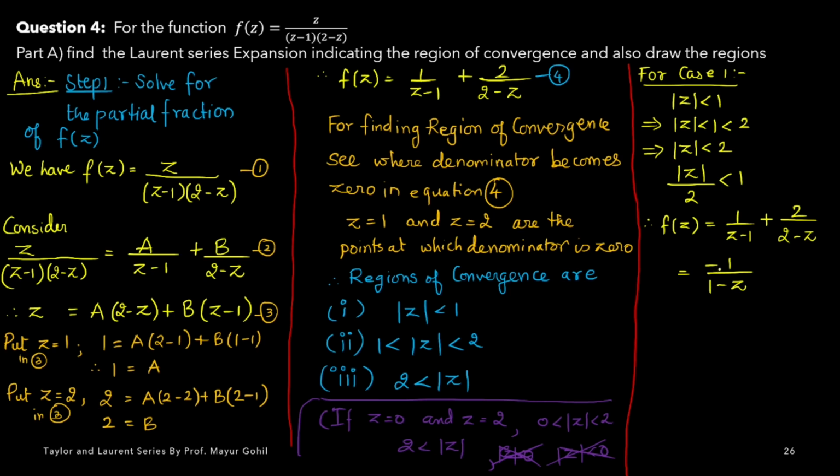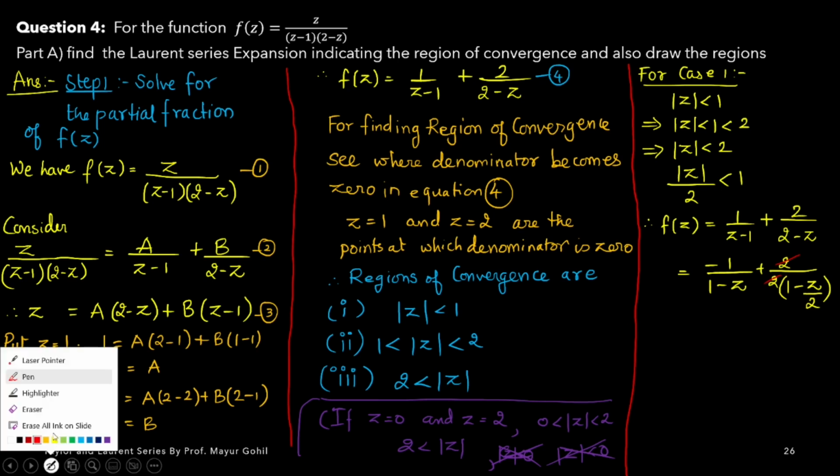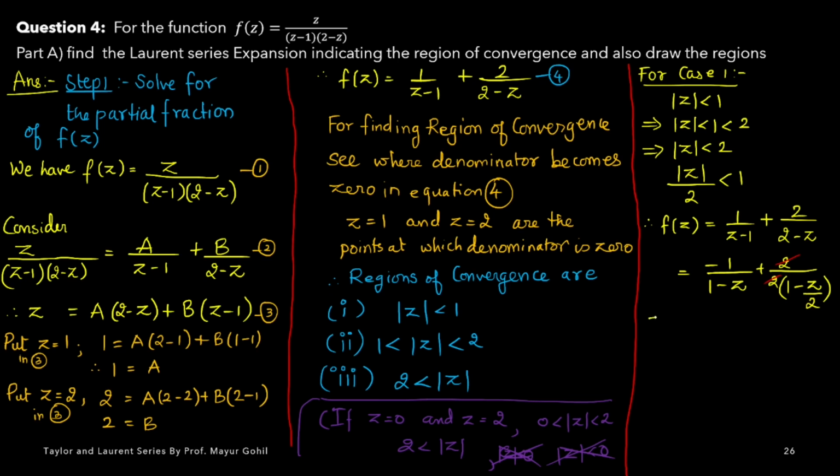In the second expression we take 2 common, which gives 2 upon 2 times 1 minus z upon 2. This 2 and 2 get cancelled. So what we are left with is minus of 1 upon 1 minus z plus 1 upon 1 minus z upon 2.